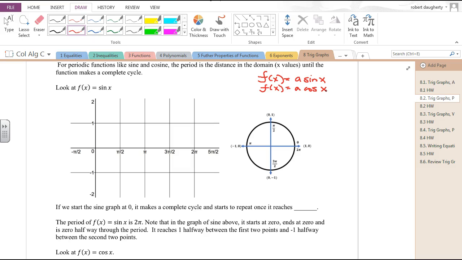What's the word for that? The number in front of that trig function. The amplitude. A stands for amplitude, how high it goes from the x-axis, okay?